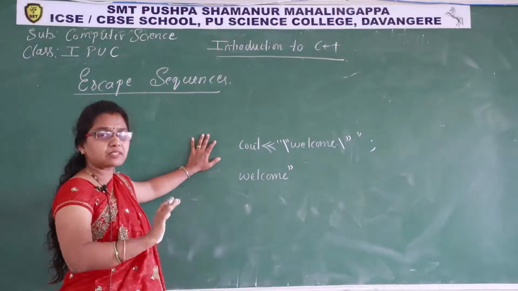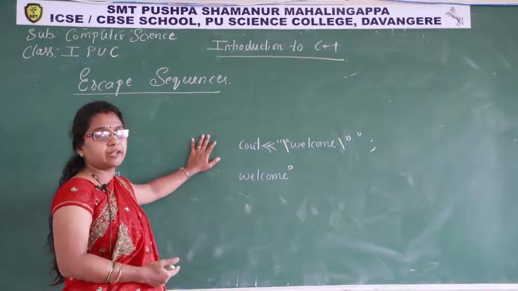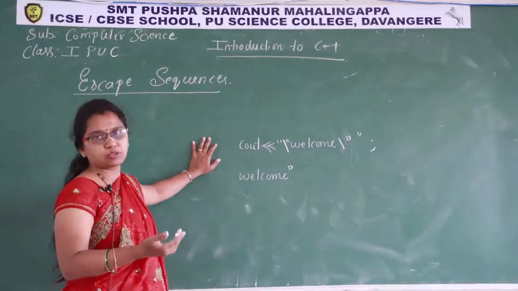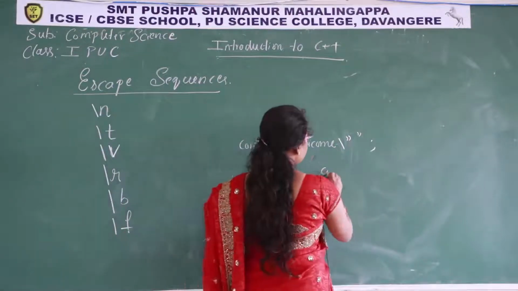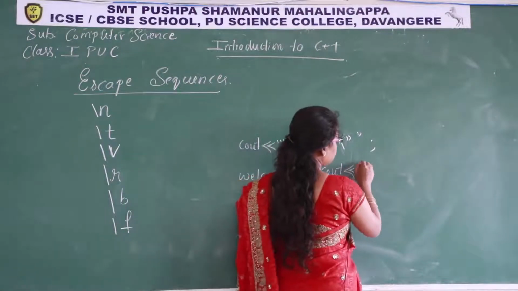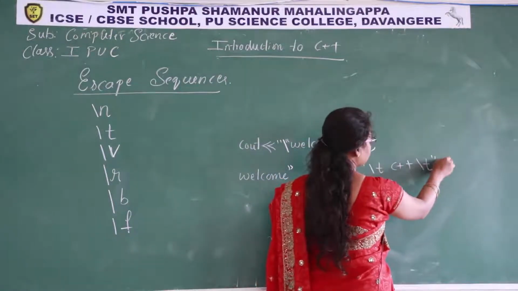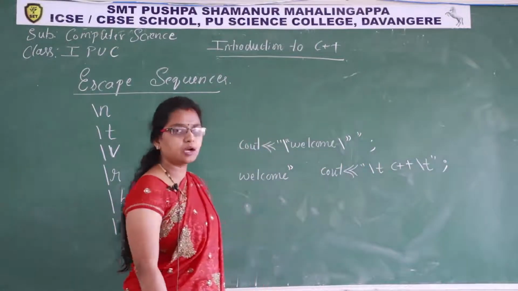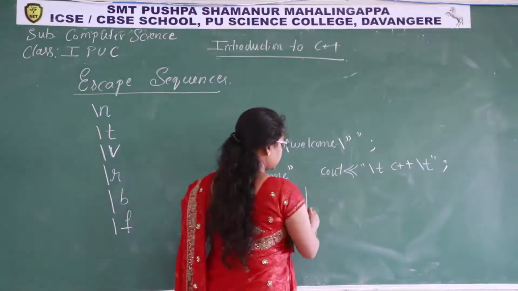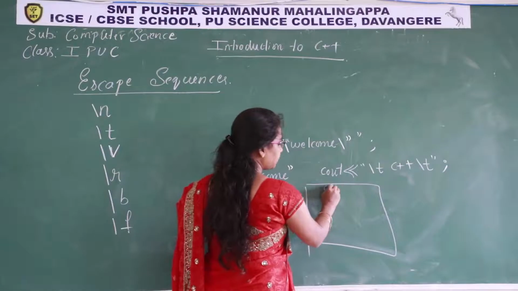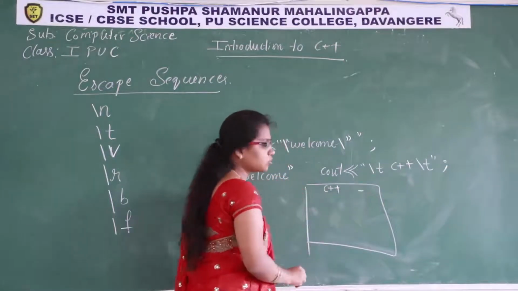Wherever you want a backslash, how do we write backslash n or backslash t? In the same way we can write backslash double quotes. Now I want to display the message C++ backslash t C++ backslash t double quotes close semicolon. Then how will it be displayed on the screen? Assume this is a screen and it gives a tabular space here, then C++, again the cursor moves here.